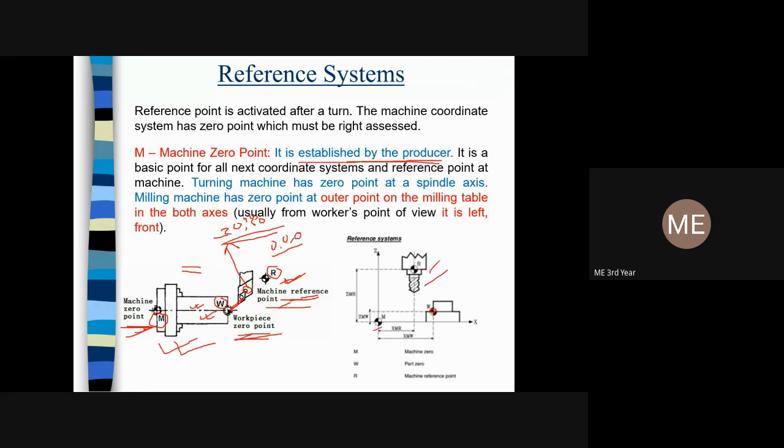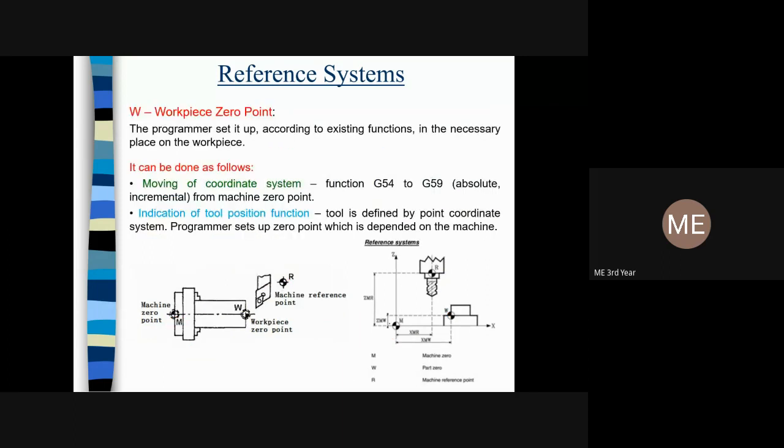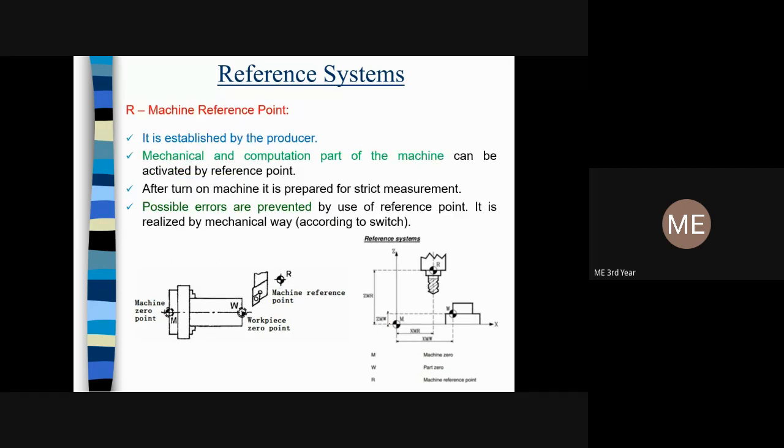And this is the tool reference point, where the tool will go after the machining operation or after the drilling operation. This is also set by the producer, and the machine reference point is also set by the manufacturer of that particular company. I have already told you this; this is just the elaborated part.